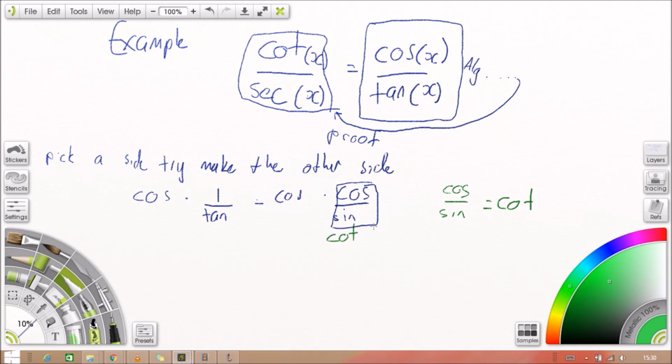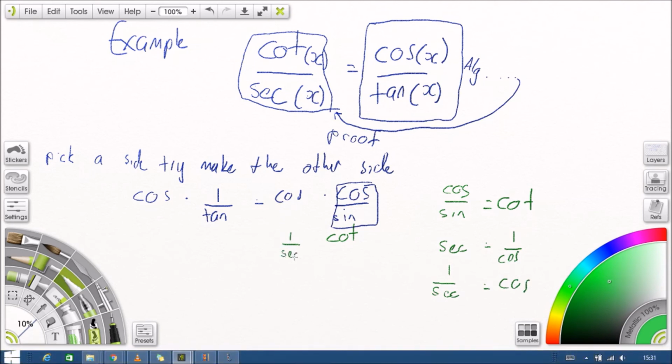I've embellished this a little bit because it's such a simple identity to prove. So I added in a step here I didn't need to add. Because sec is equal to 1 over cosine, therefore 1 over sec has to be equal to cosine, and as you can see I've got cosine there, so that's going to be equal to 1 over sec times cot, and that's the same thing as cot over sec.